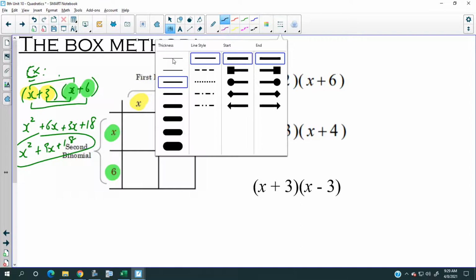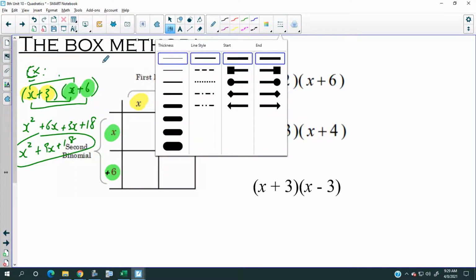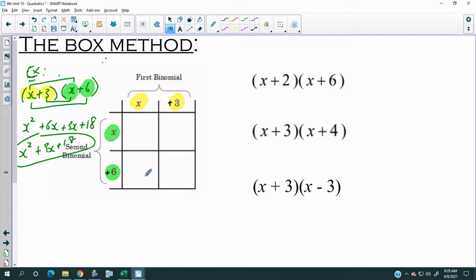The only thing I would critique is that here you would have to really write plus 3, because you want to keep track of the sign of the numbers. That's important. Same thing here, plus 6. I can see the merits of this method, but I don't think it will move the needle so much that you'll say, oh my God, I can't believe you didn't teach me this first.